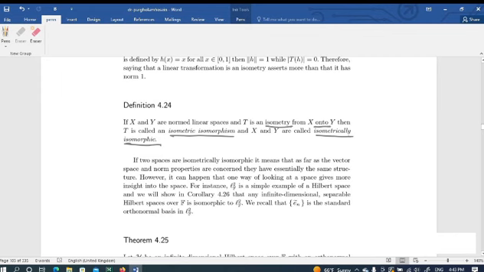This linear transformation, which is an isometry and onto, is called an isometric isomorphism. If there is an isometric isomorphism from X to Y, these normed vector spaces are called isometrically isomorphic.